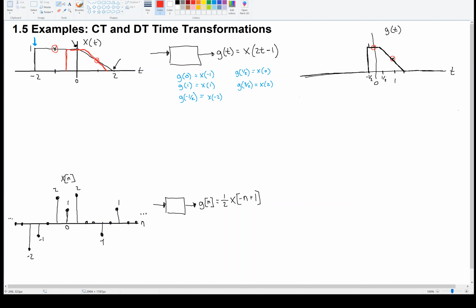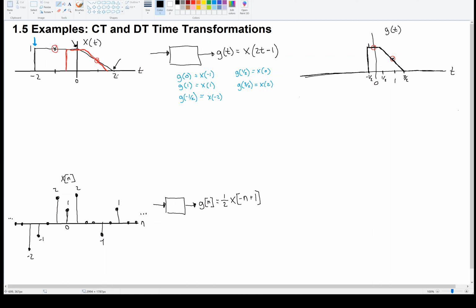So two things have happened here. One, we have a time compression. The width of this signal used to be from -2 to 2, so it used to be 4. Now it's -1/2 to 3/2, right? Because this was 3/2, we said. -1/2 to 3/2, so that's 4/2 or 2.